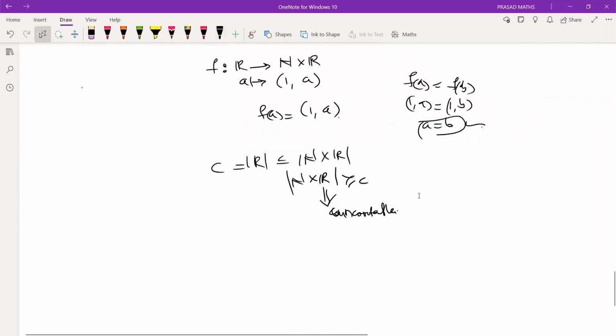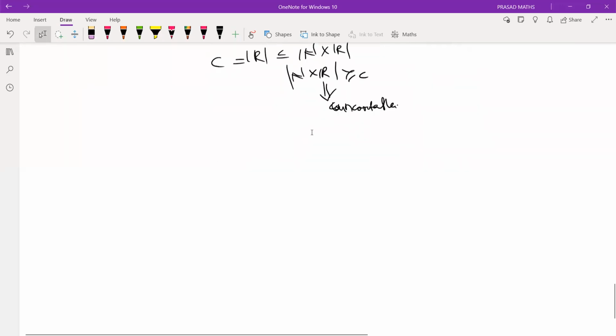We can find a suitable 1-1 function, and with the help of a suitable 1-1 function, one can decide that the given Cartesian product is uncountable. Suppose you are given a suitable 1-1 function. Now take this same problem, N cross R. I'm going to take a 1-1 function like this.